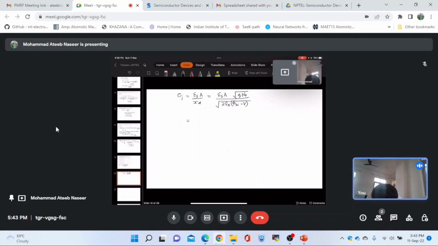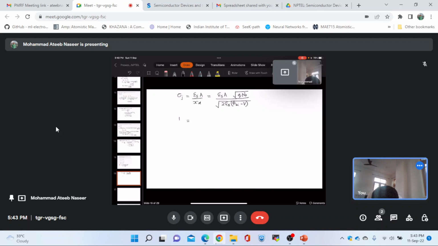This expression will simply resolve to epsilon s over Q N D. If I just write the junction capacitance as C and take the reciprocal directly, let us do that.